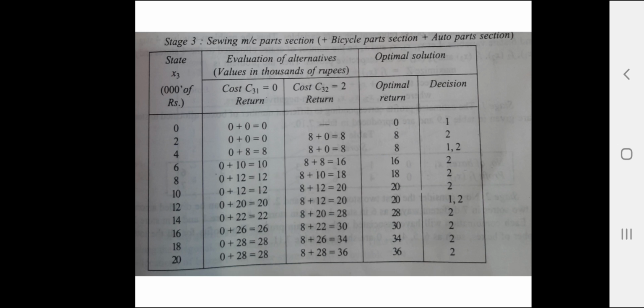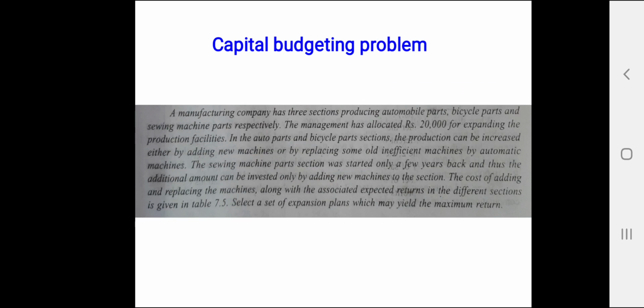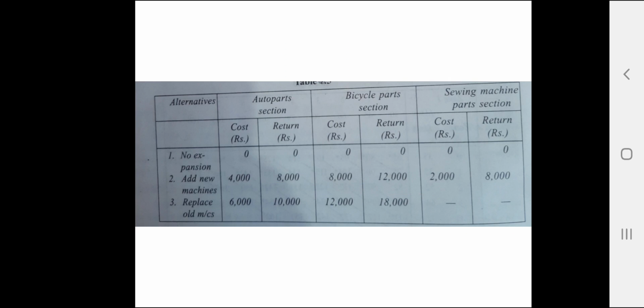So in this way you have decided your expansion plan: the automobile part to be replaced, then the bicycle parts to be replaced, and the sewing machine parts to be purchased. Here 6,000 plus 12,000 plus 2,000, total 20,000 you will spend, and the return will be 10,000 plus 18,000 plus 8,000, that is 36,000 you can earn, and this is the optimal solution we found.